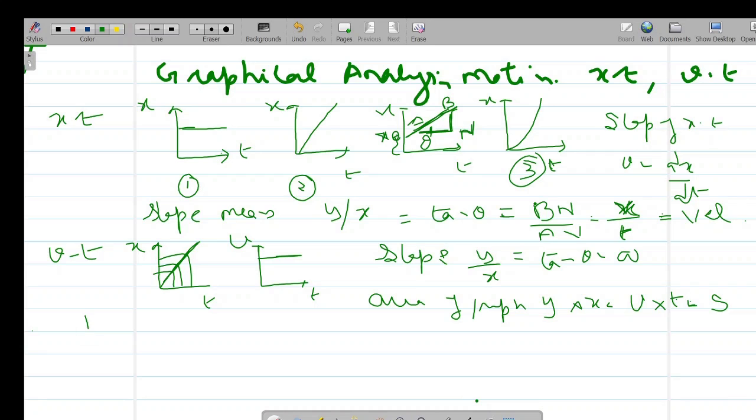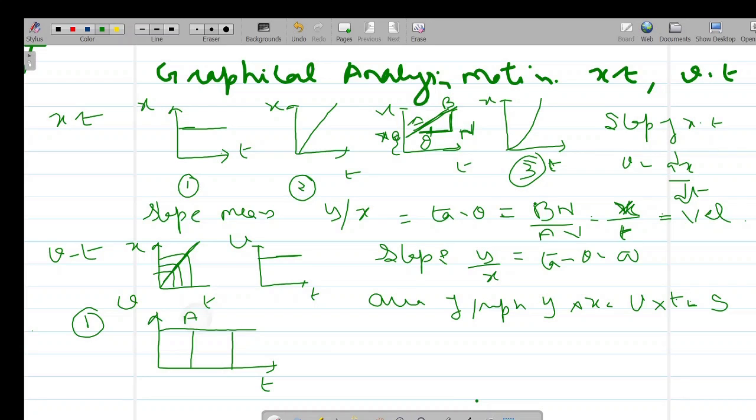My first question is, how do I find the area of the v-t graph for a body which is in uniform motion? I told you the graph looks something like this. From this point, drop a perpendicular, because if you want to find the area, you need a closed figure.